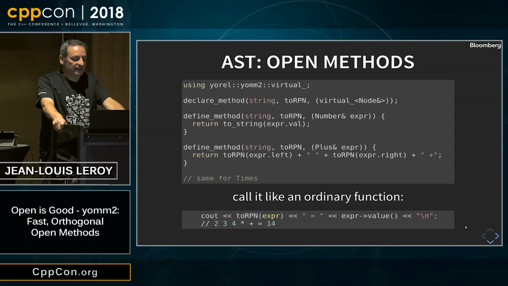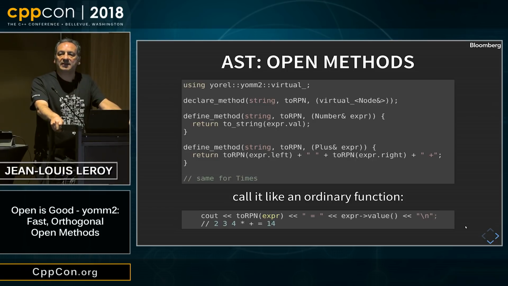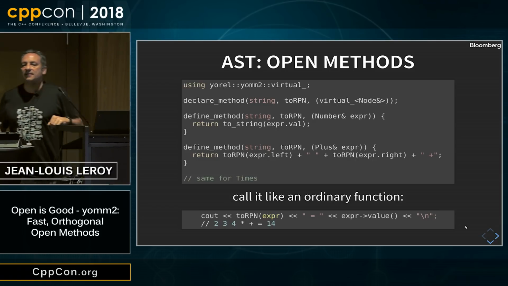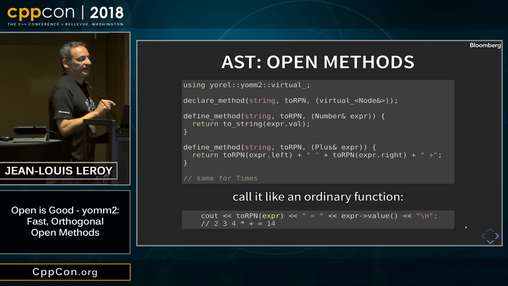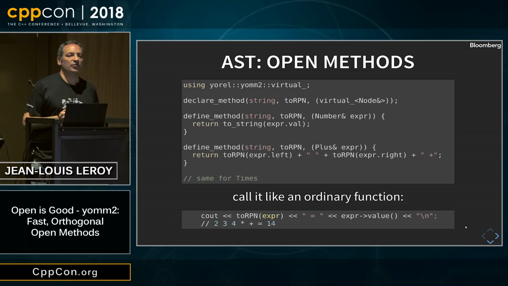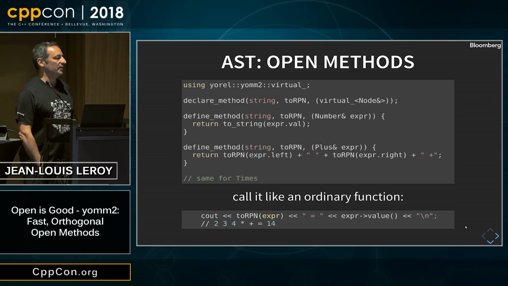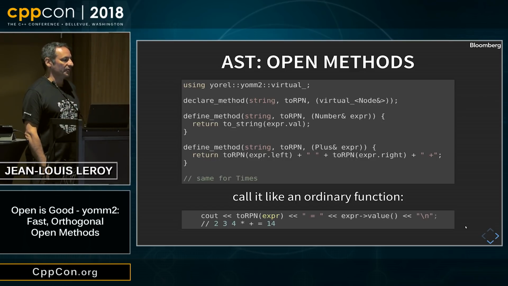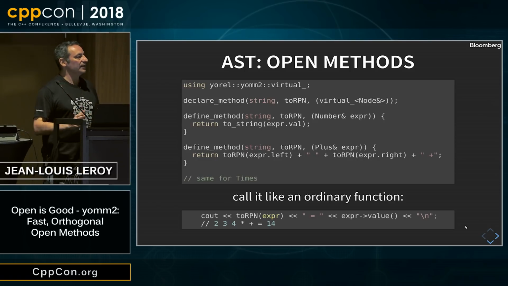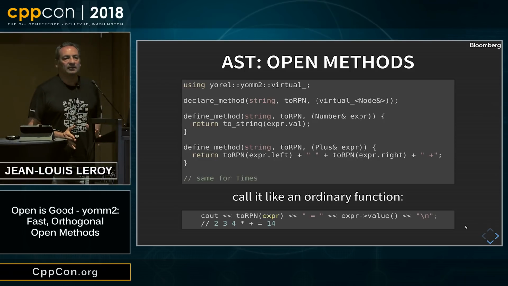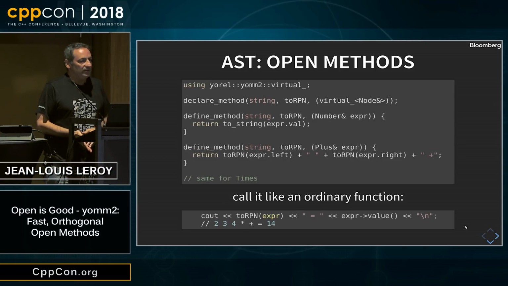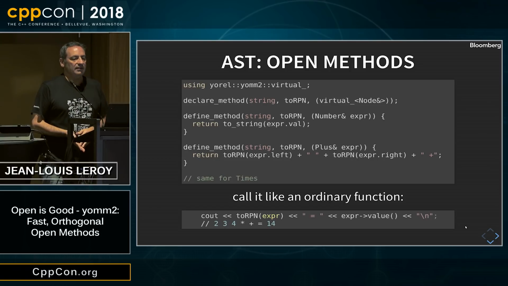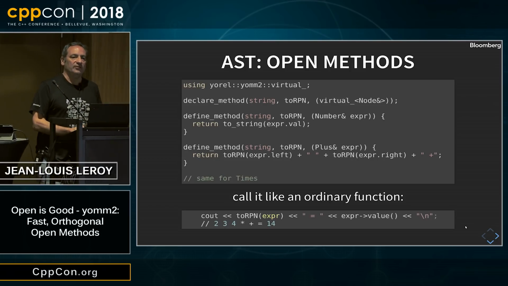It says that we declare a function called toRPN that returns a string and that takes a node. But I have decorated node with virtual bracket. This says that when selecting one of the specializations, we take into account the runtime type of the node. So this is just like virtual functions, except that it doesn't belong to a class. It's not a member function. It's a free function, okay? And you call it like an ordinary function.